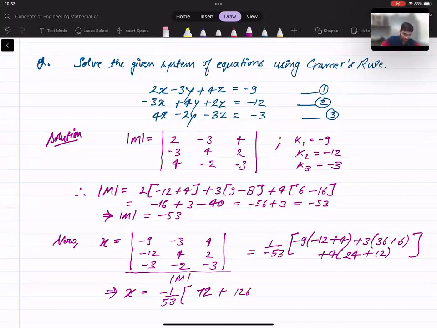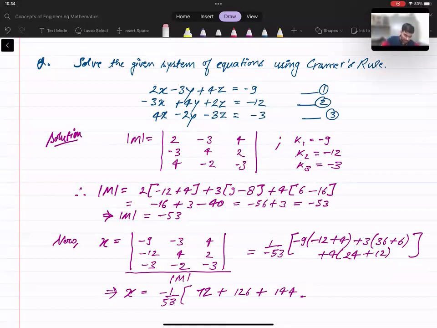And this will be 24 plus 12 is 36, and 36 fours are 144.